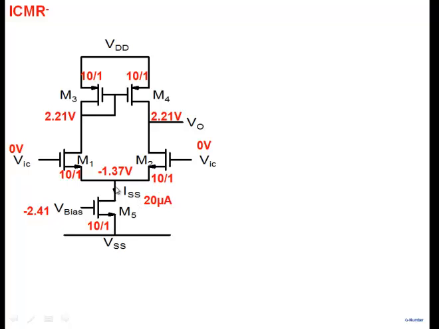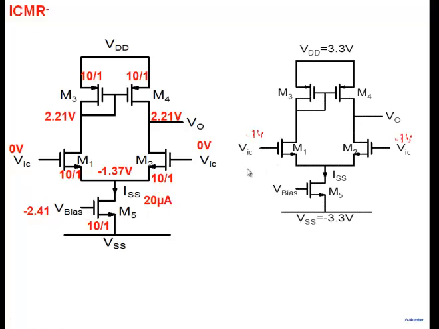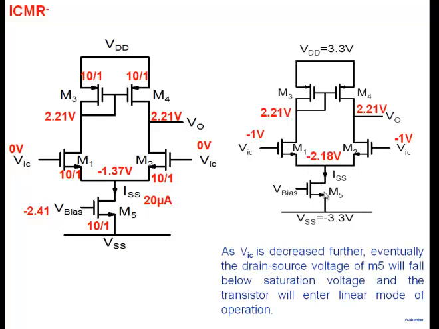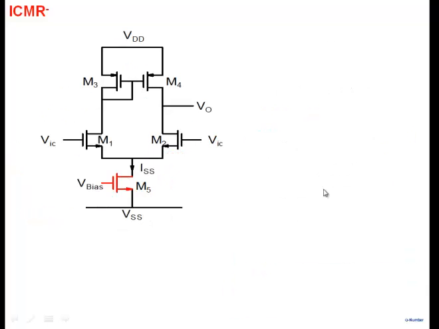So M5 VDS starts decreasing, and eventually M5 will come out of the saturation region and go into linear, right? So again, the differential pair will fail to work properly here. So the same phenomenon here: you apply -1, this becomes -2.18, and this remains here. So now the issue is of M5 going out of the saturation region here.